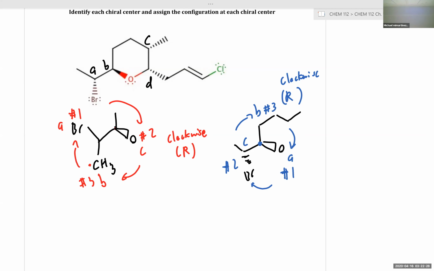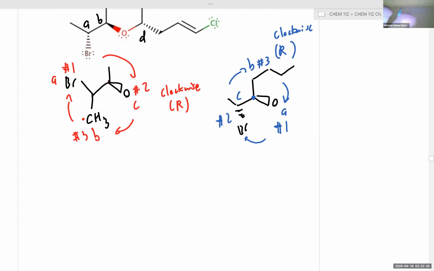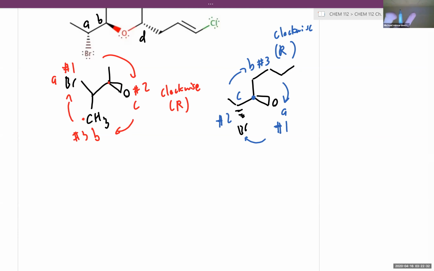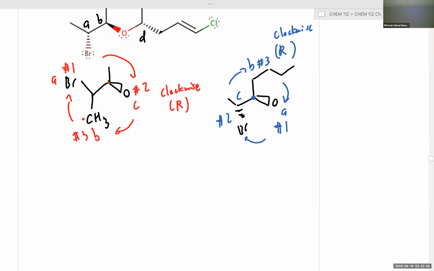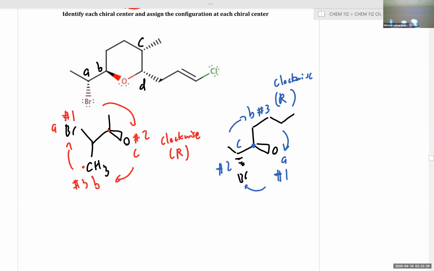Okay, let's focus on C and D now. So let's take a look at stereocenter C. In the model, this would be this stereocenter right here. Our hydrogen's in front and our methyl's in the back, so we have to rotate our molecule.